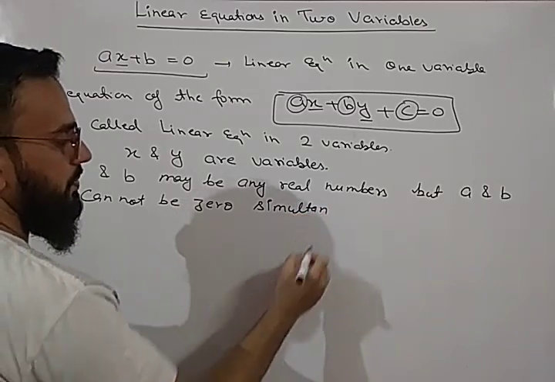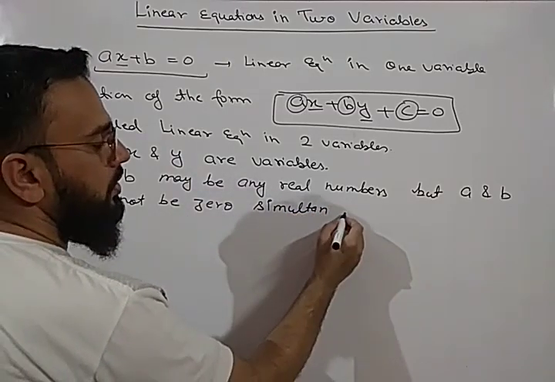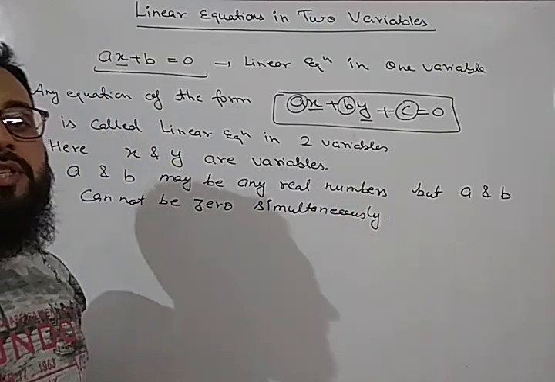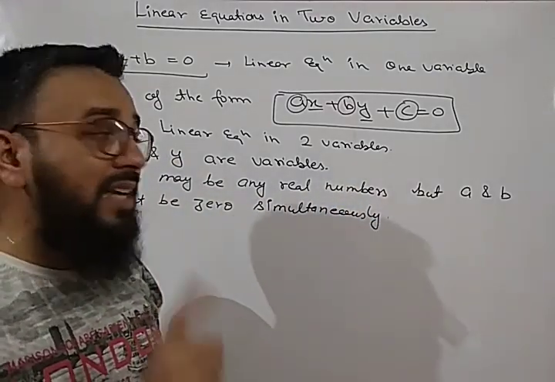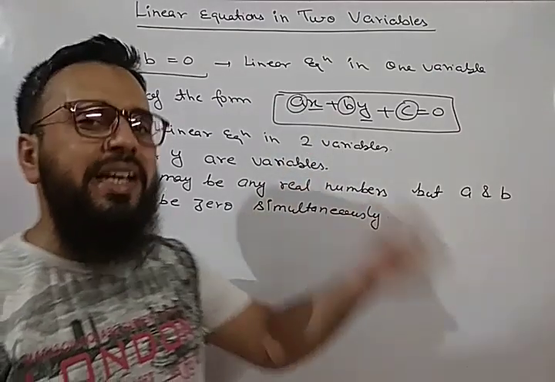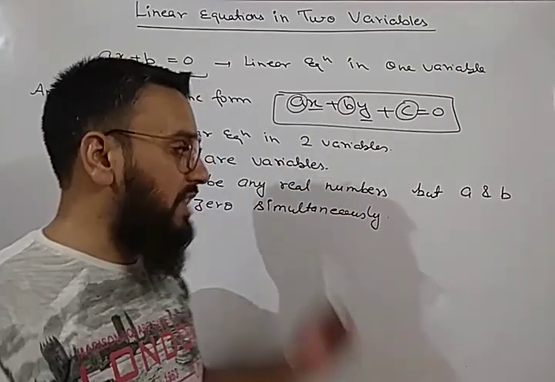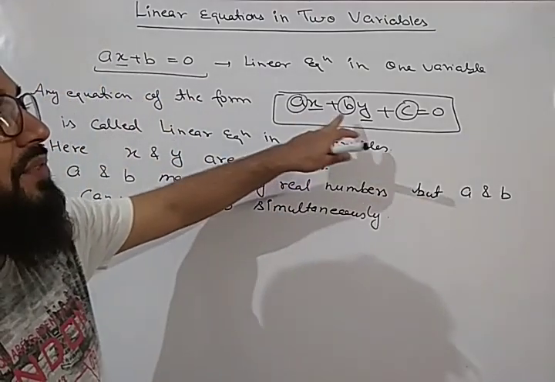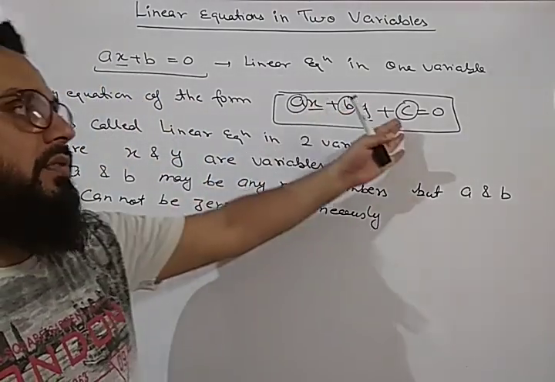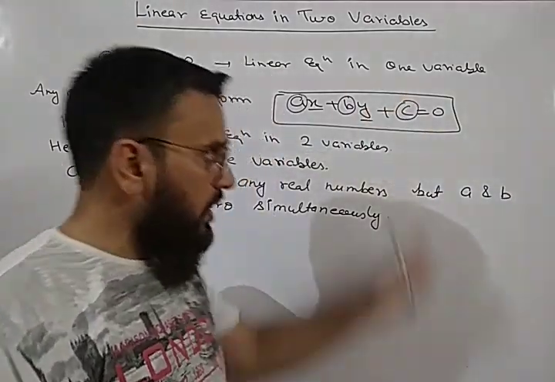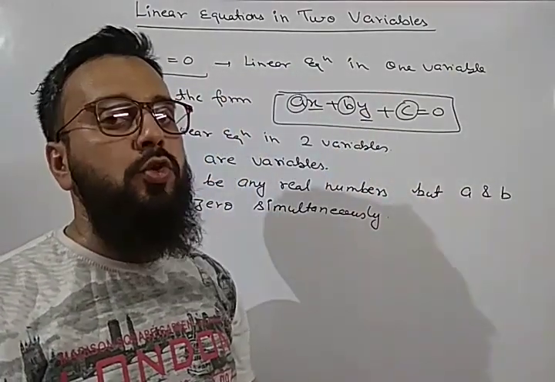This is the main condition. At a time only a can be 0 or b can be 0, but both of them cannot be 0 together, because if both become 0, then the equation will be c equal to 0, that is, a constant equal to 0, which will not be a linear equation in two variables.